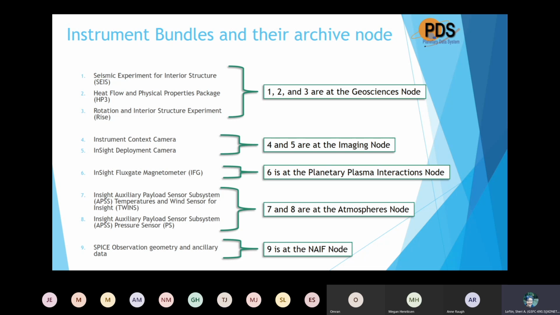The main page has a search where you can just search by mission, or if it's a mission to Mars, you can search by Mars, and it will find all related archives. So you can do it by target or mission. You do not have to keep track of what node you're at if you choose not to.